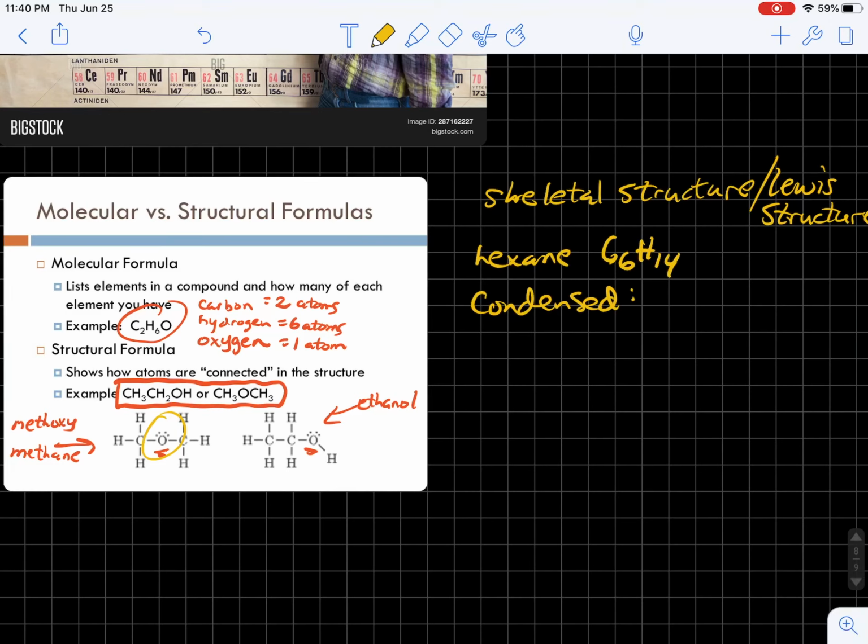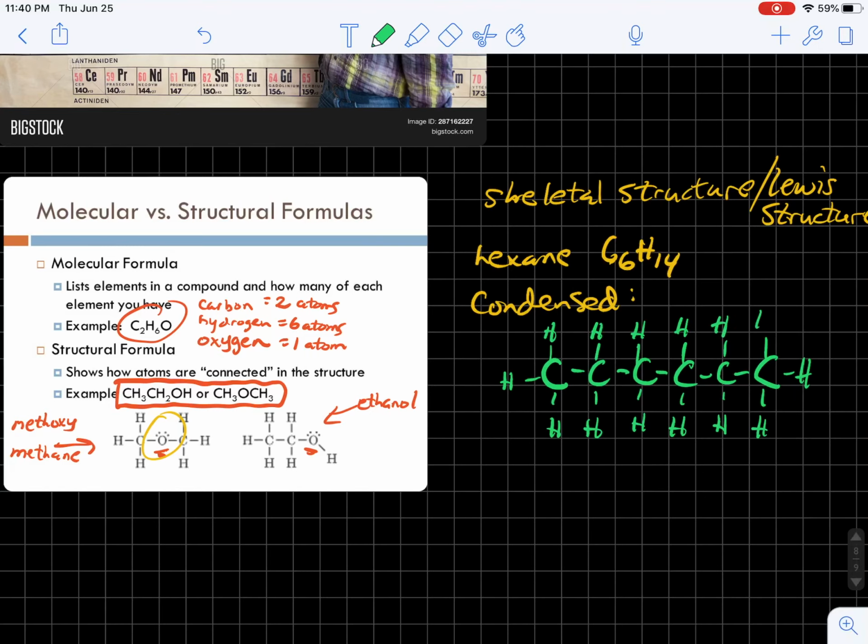Now, the skeletal structure for that, I'm going to do it in green, would be a carbon connected to another carbon, 6 carbons connected in a row. Well, they're not really a straight row, they're tetrahedral, but how about 6 carbons connected in a row? And then we'll go 1, 2, 3, 4, 5, 6 hydrogens on each side, north and south, and a hydrogen on the east side, a hydrogen on the west side, and that would be the skeletal structure of hexane.